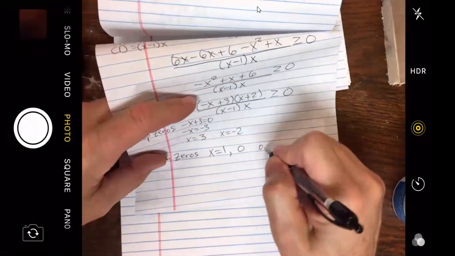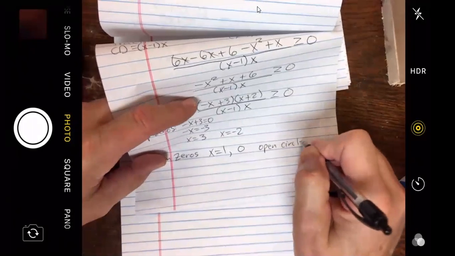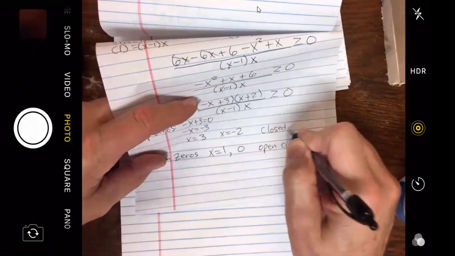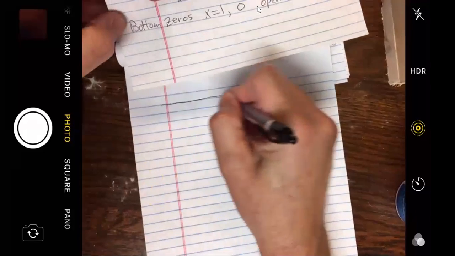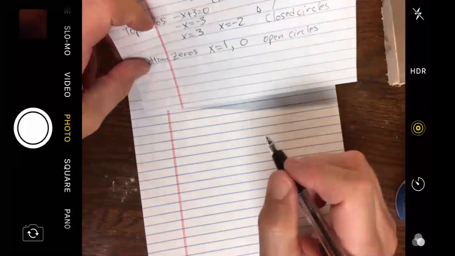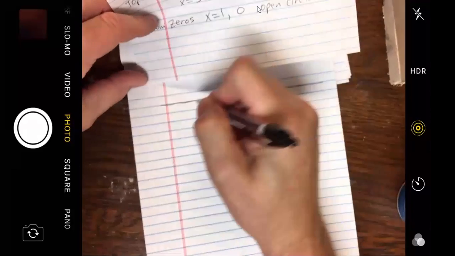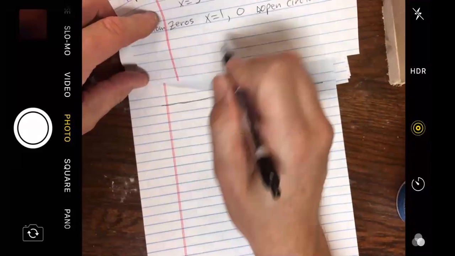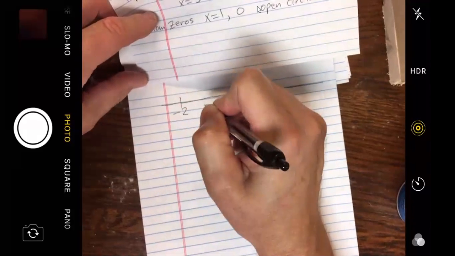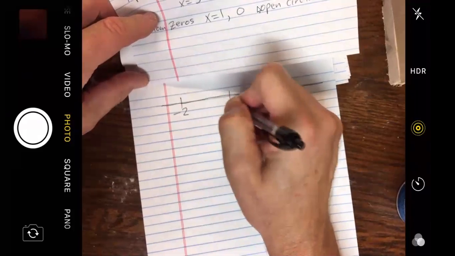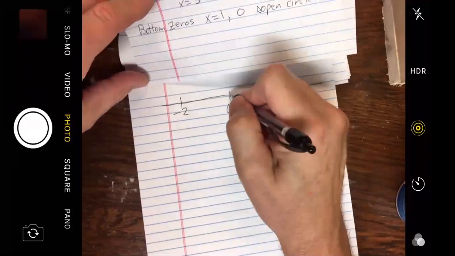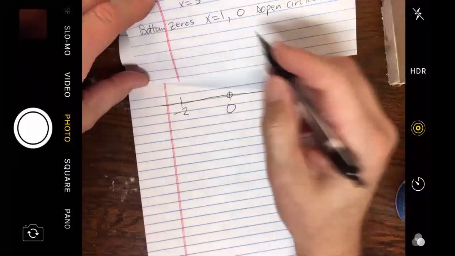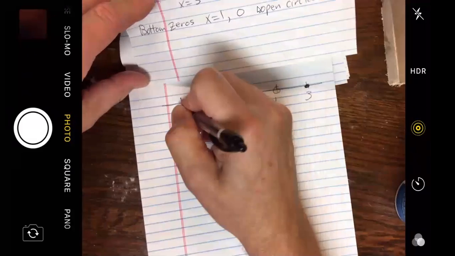Open circles on the bottom, closed circles where it's equal to. Put this in order. Negative 2 comes first, then 0, then 1, then 3. Bottom, 1 and 0, open circles. 3 is closed, negative 2 is closed.